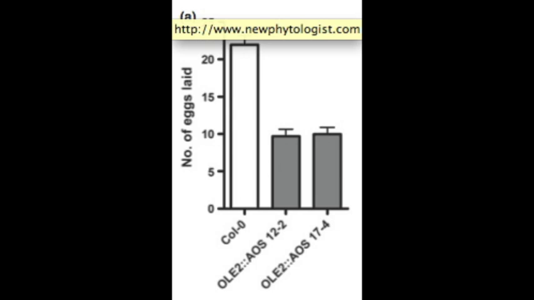They took a promoter from a seed-specific gene, fused it to allene oxide synthase, one of the key biosynthetic genes in the JA pathway, and put that back into Arabidopsis. So these plants make high levels of jasmonates in the seed, similar to what we'd expect with the herbivore-infested parents that we did the first experiments with.